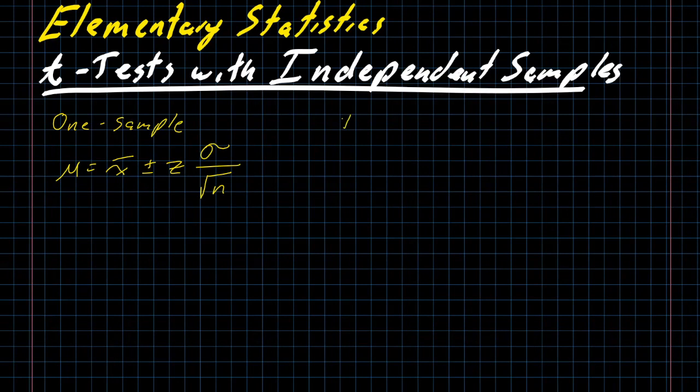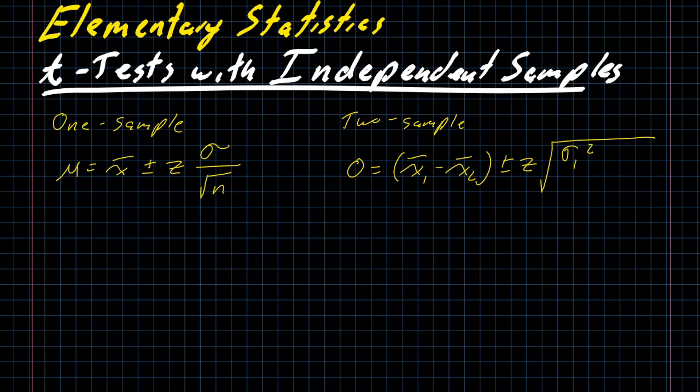In the two sample case, we estimated that 0 was the difference between x1 bar and x2 bar plus or minus the z-score times the square root of sigma 1 squared over n1 plus sigma 2 squared over n2.